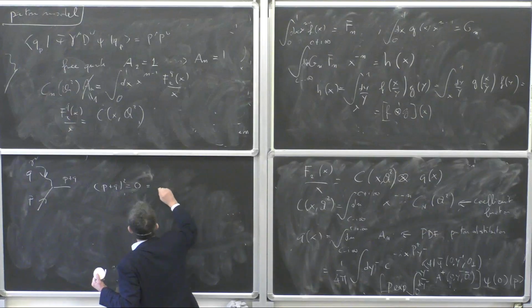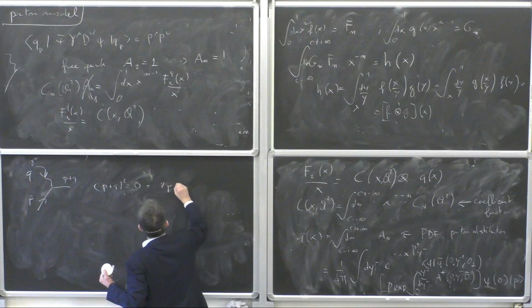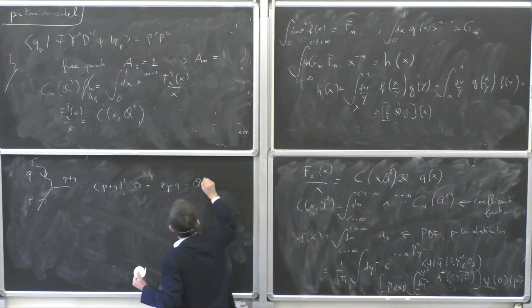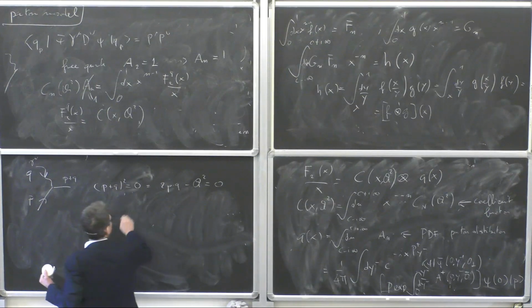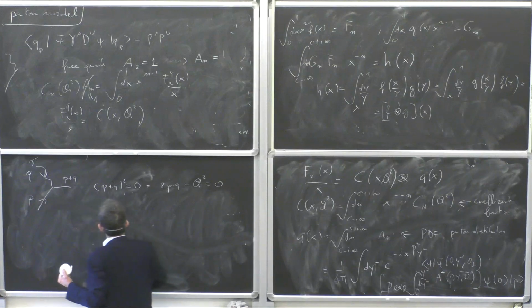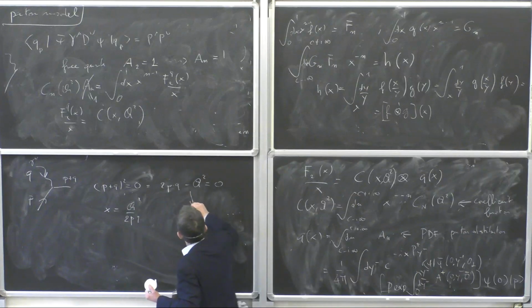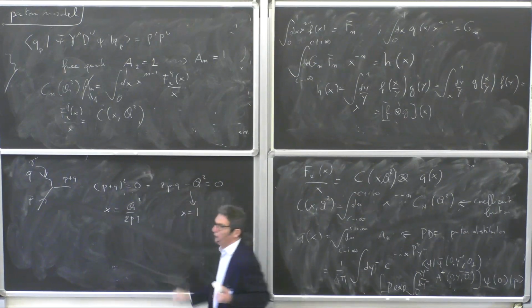So this is just 2p dot q minus q square, and this is equal to 0, which means that, remember that I had defined x as q squared divided by 2p dot q. So this tells me that x is equal to 1.